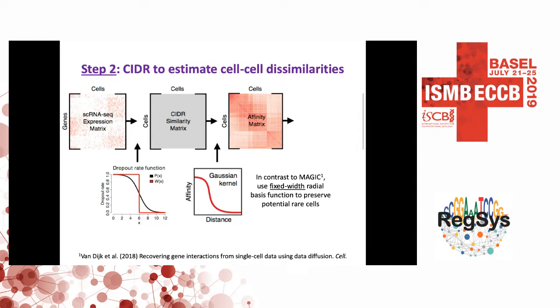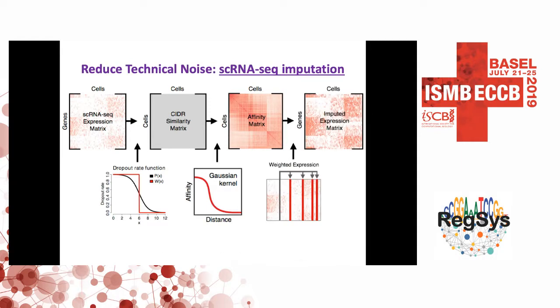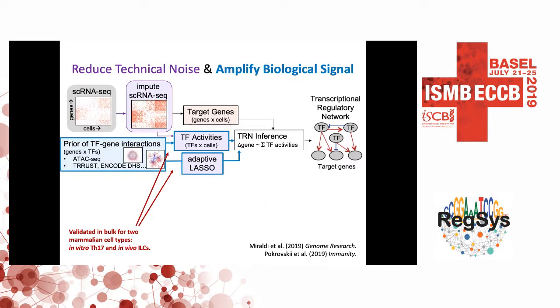And then the final step is then to take a weighted nearest neighbor average based on this cell-cell similarity matrix. And then the second part of our pipeline is, I think of as amplifying biological signal, and I already described it to you, and it was validated in 2 mammalian cell types.